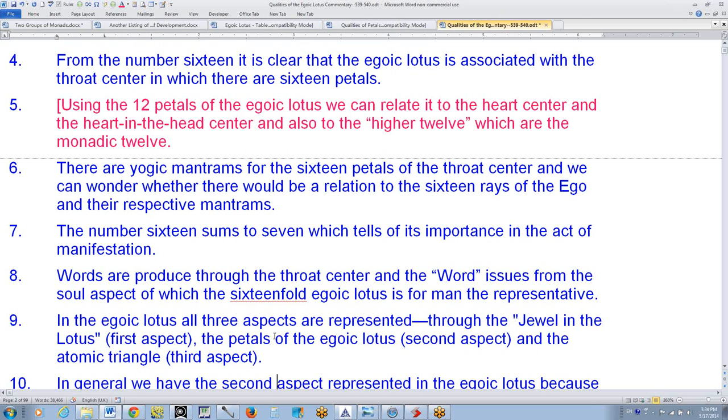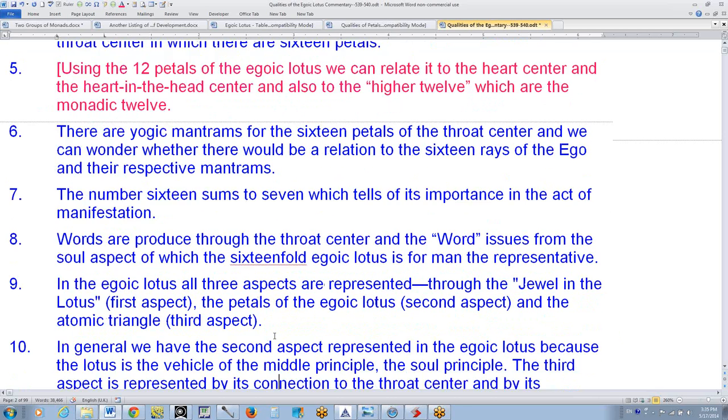Words are produced through the throat center, and the word, which we are told issues from the soul, is the word. So the Egoic Lotus is associated with the word. The word issues from the soul aspect, of which the 16-fold Egoic Lotus is for man the representative.